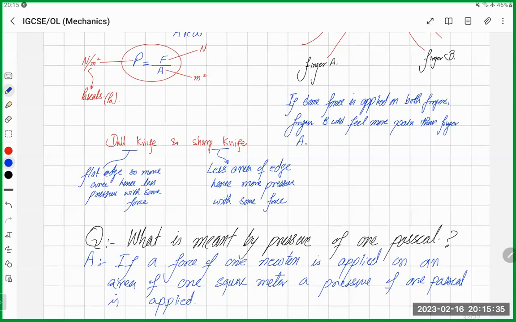So if a force of 1 Newton acts on an area of 1 meter square, that is 1 Pascal of pressure.